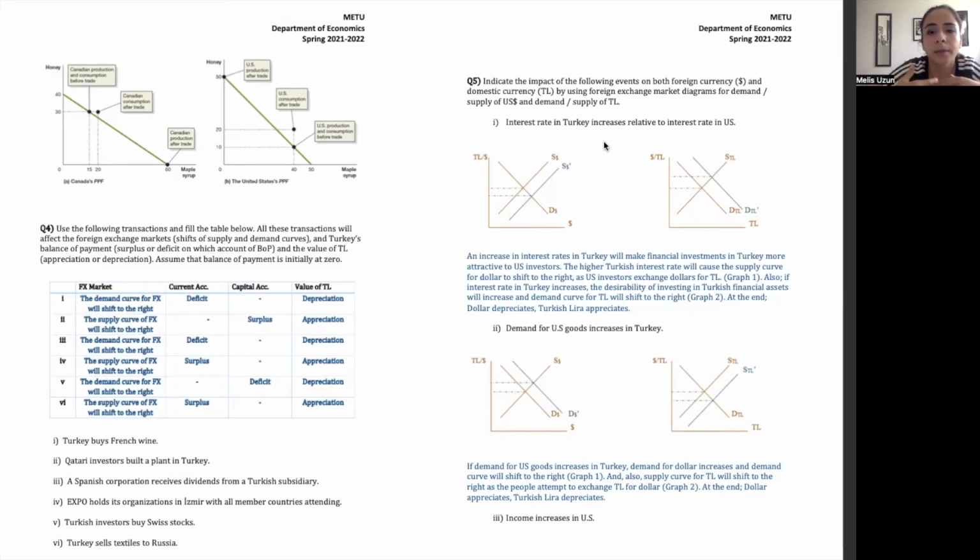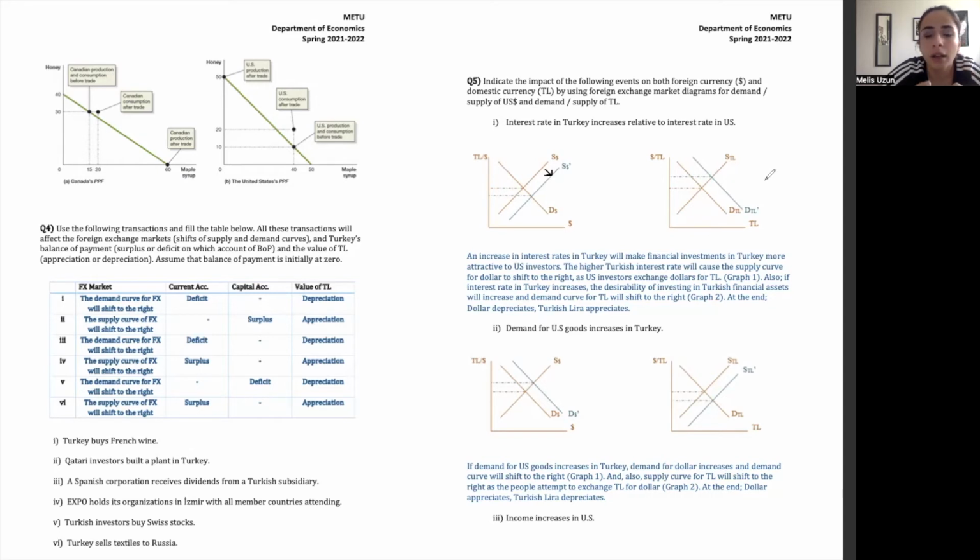That's why the supply of dollars will shift to the right, because foreigners came to Turkey and they use their money to invest. That's why in Turkey there will be an increase in the supply of dollars. So the supply curve for dollars will shift to the right.